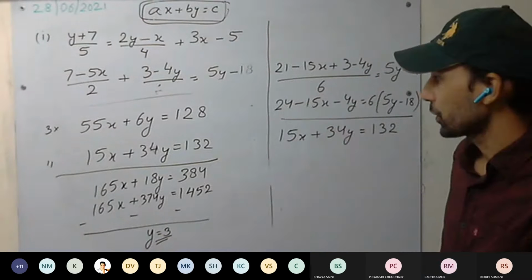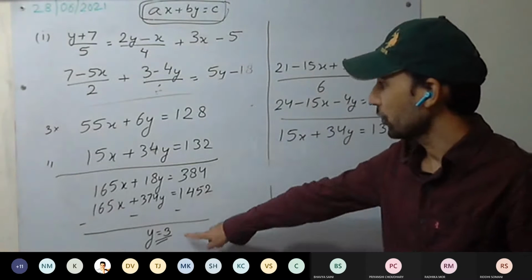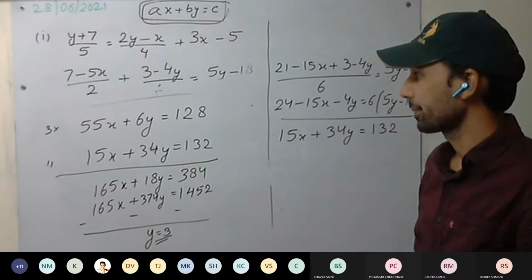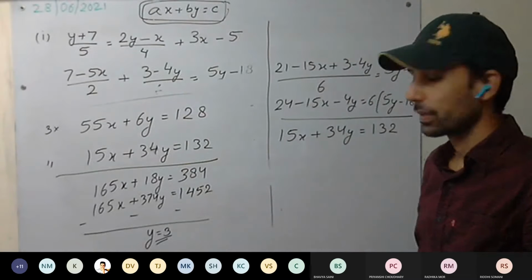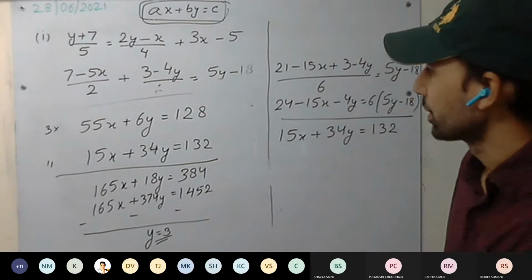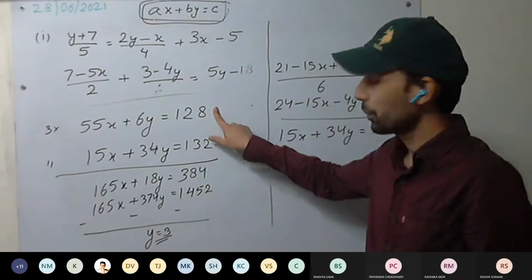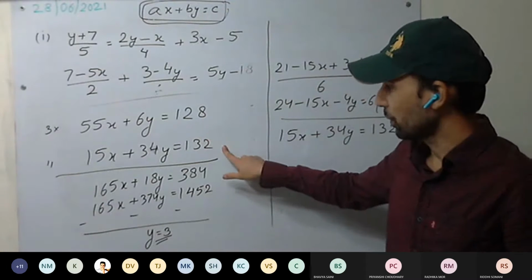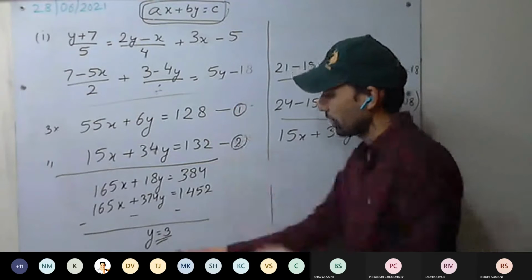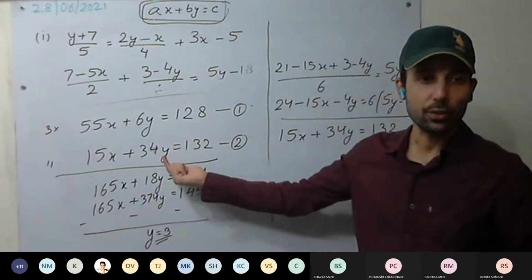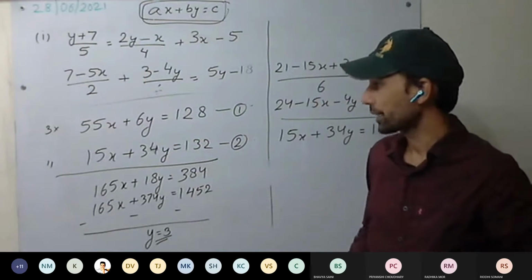Now substitute the value of y in any of these equations and get the value of x. Either in the first equation or in the second equation you can put it.